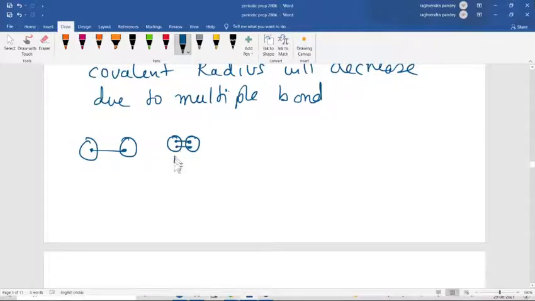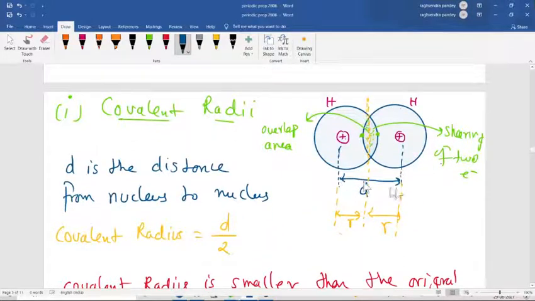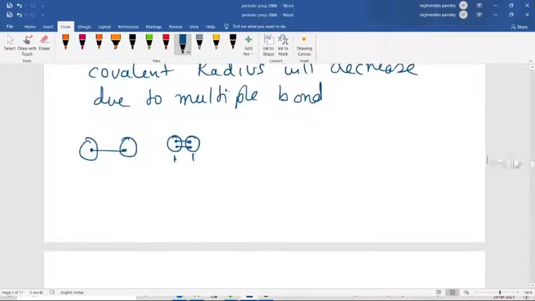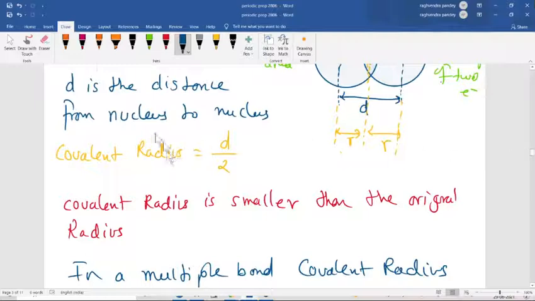So the distance D, the internuclear distance from one nucleus to another nucleus, will decrease. So the covalent radius will decrease, because the covalent radius R is D by 2.